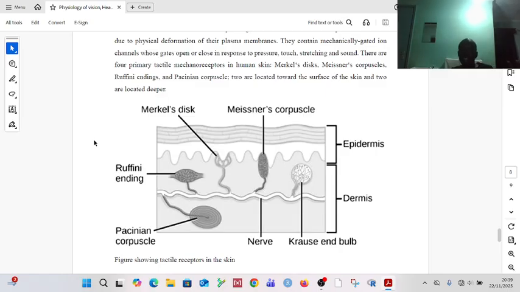The Ruffini ending can sense warmth. Okay? The Pacinian corpuscle, deep. The Ruffini ending and the Pacinian corpuscle hazipatikani mingi sana kwa ngozi in comparison to the number of the Merkel's disc and the Meissner's corpuscle. Okay?